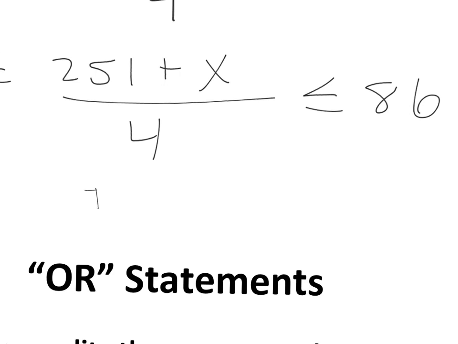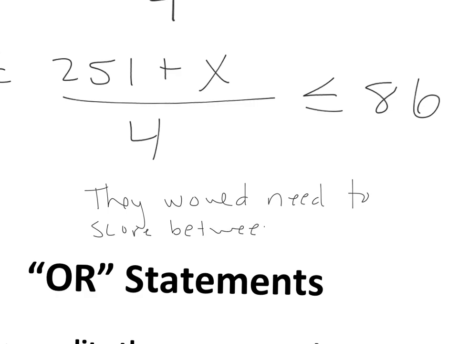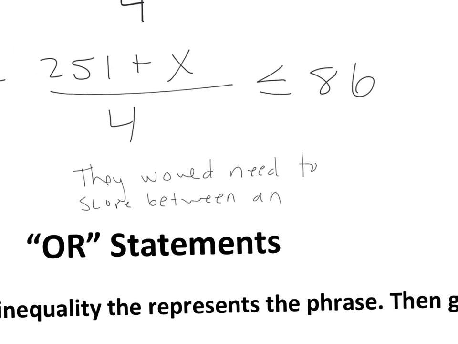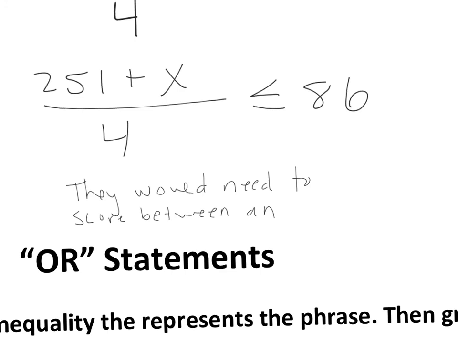They would need to score between, and what do we say, 85 and 93 on the 4th test. And that'll give them the score that they want for the overall class.